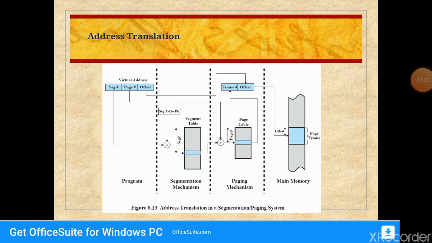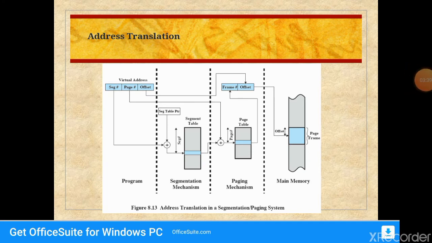Let us take for example, the segment number in the virtual address is 3. Then from the segment table, the segment 3 base address will be known and the length of the segment will be known. By using the base address of segment 3 and adding the page number from the virtual address, we get the exact page inside the segment.